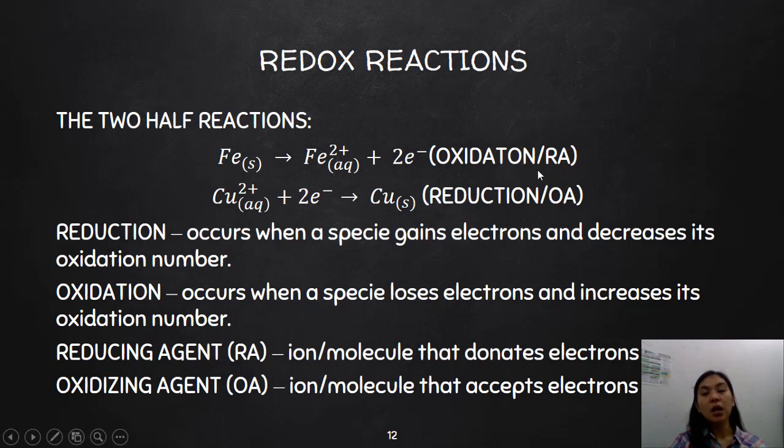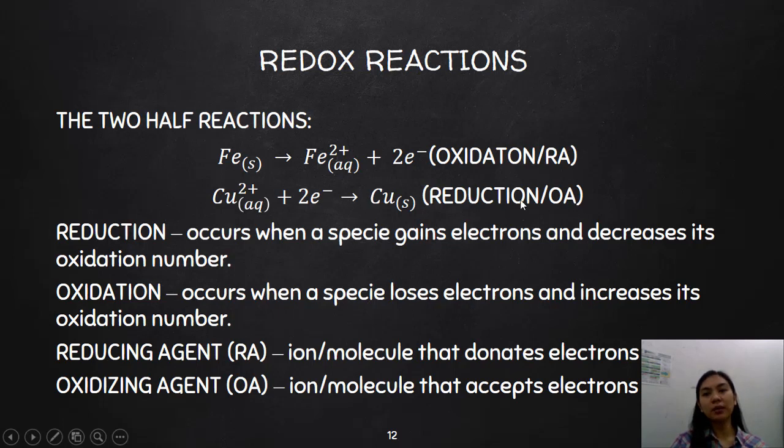What I usually do is, whatever species underwent the oxidation is actually your reducing agent, because it caused the other element or ion to be reduced. Same is true with the reduction.